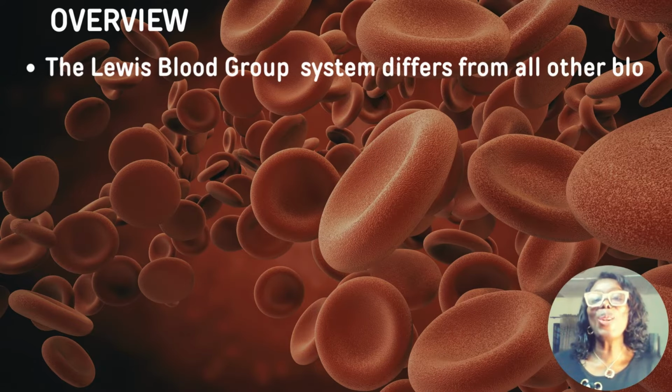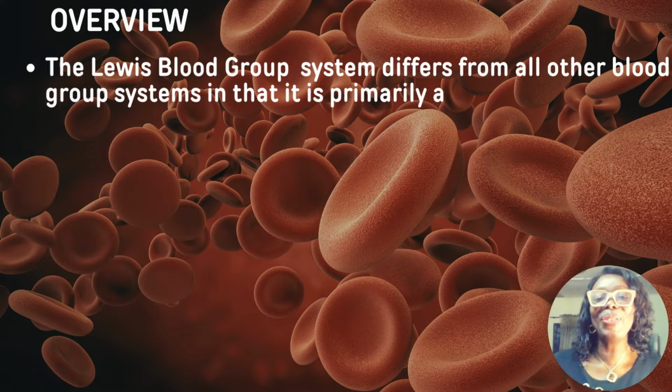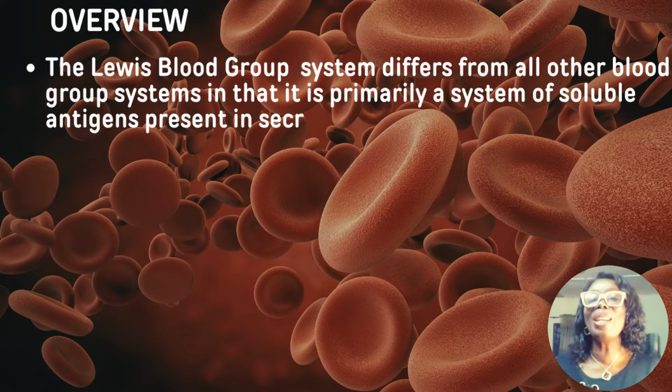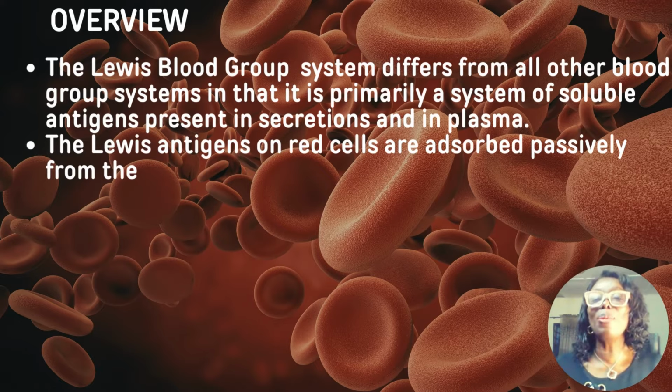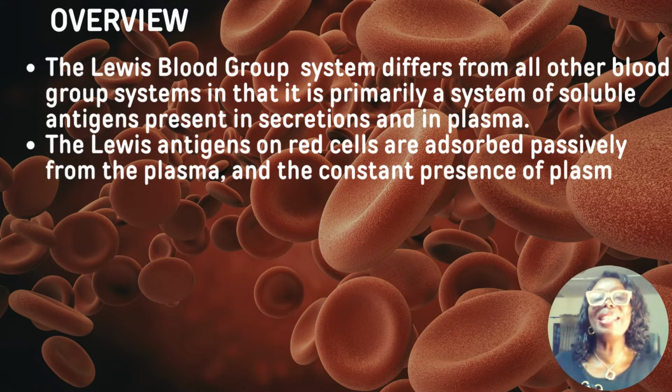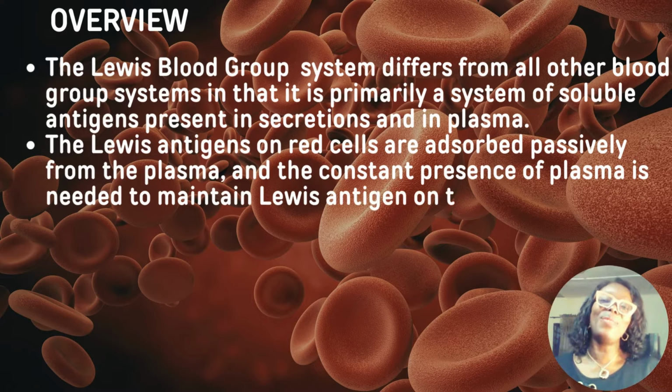This Lewis blood group system that we are discussing today differs from all other blood group systems in that it is primarily a system of soluble antigens present in secretions and in plasma.